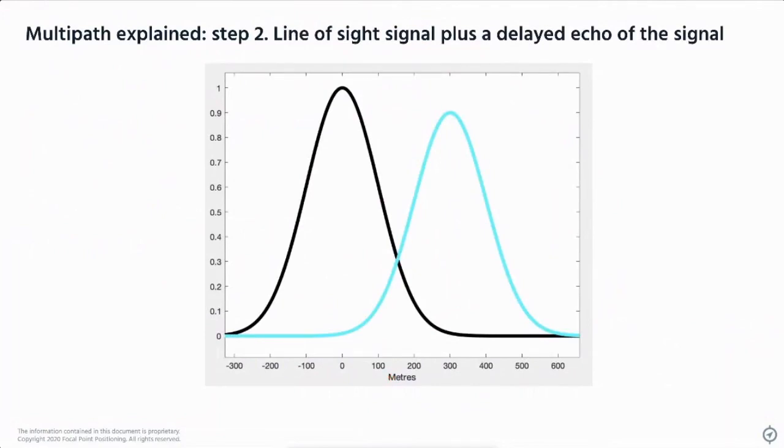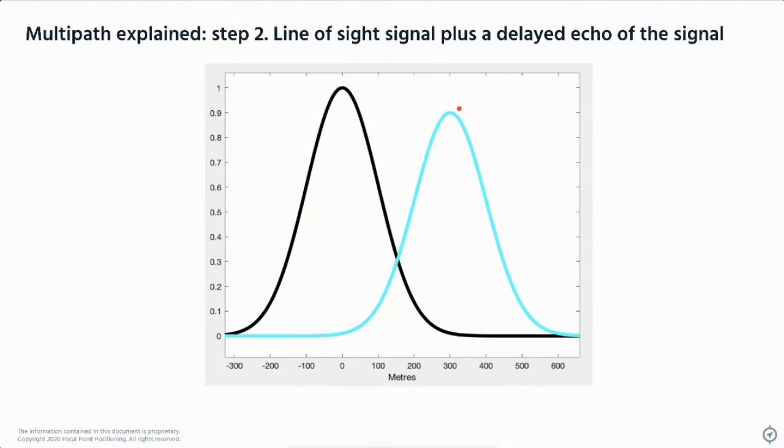They bounce off buildings and cars and people and trees, and multiple copies of the radio signal you want can arrive at your receiver with different delays and amplitudes compared to the line of sight, which is the only one you care about. So this cartoon is showing now the line of sight pulse that we want and a delayed echo as well, here in pale blue, that's arriving with 300 meters of extra delay. So it's bounced off a building and has taken 300 meters extra path length to reach us.